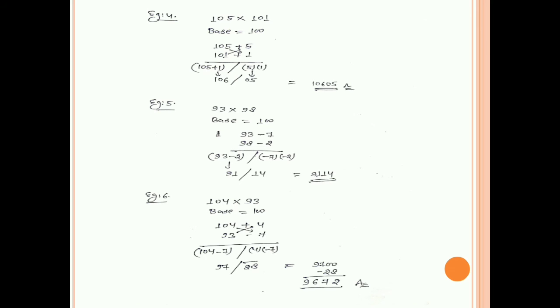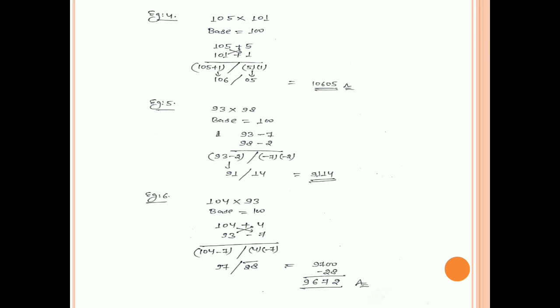Now we extend this trick to calculate 3-digit multiplication. Suppose you want to calculate 105 into 101. Since both these numbers are close to 100, we will choose base as 100. Similarly 105 plus 5, since 105 is more than 100 by 5, and 101 plus 1. We will multiply the unit place digits, so 5 into 1 will give 5, and 105 plus 1 or 101 plus 5, we will get 106.